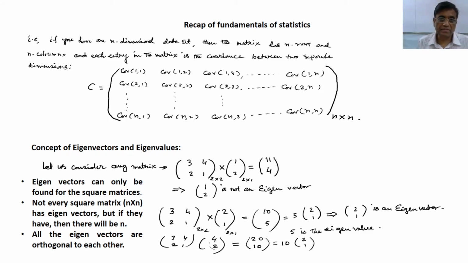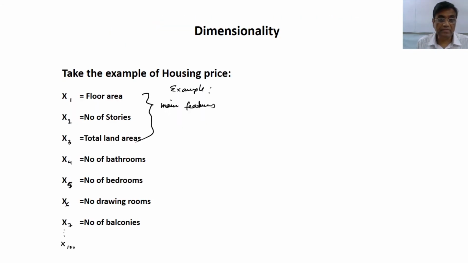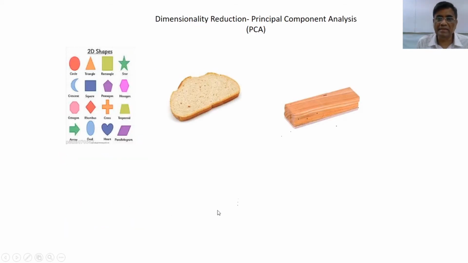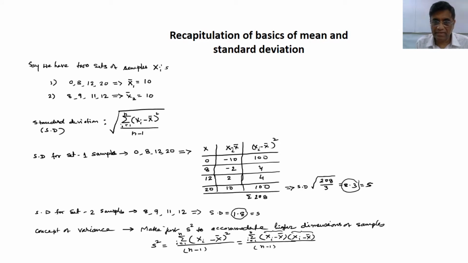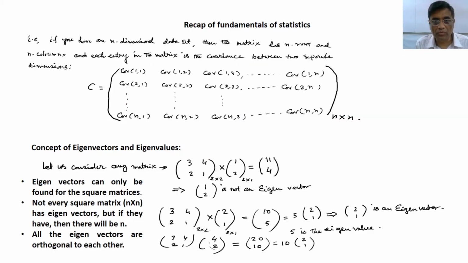In the housing price example, the price more or less depends on some main features. All others are subsidiary features because they only incrementally influence the housing price. So if I ignore them for the convenience of my computation, knowing fully that I will lose some information, still my job can be fulfilled. That is the basic idea of PCA.